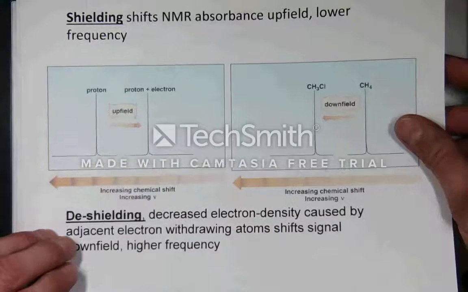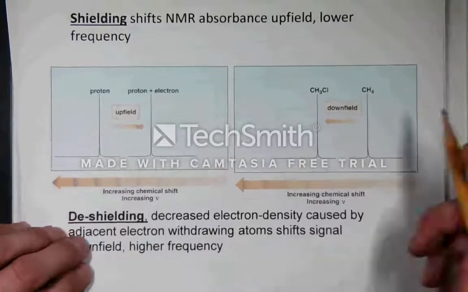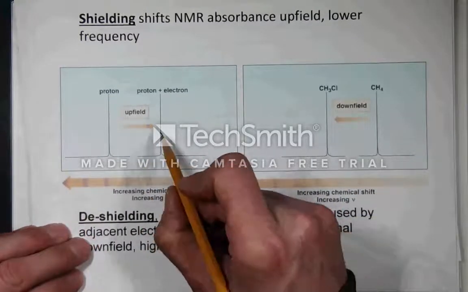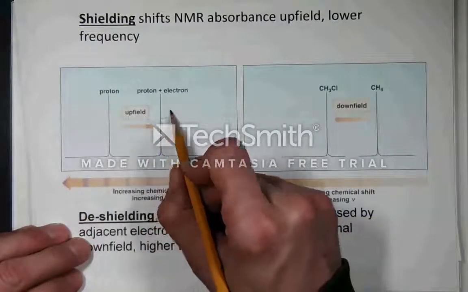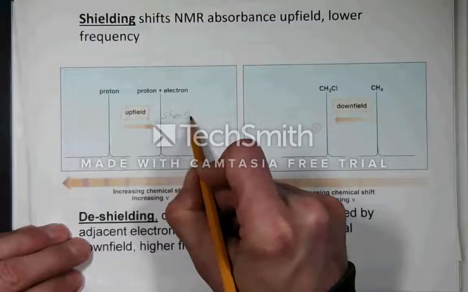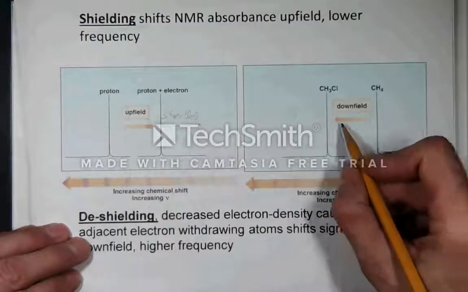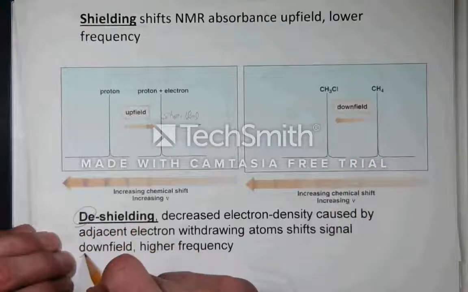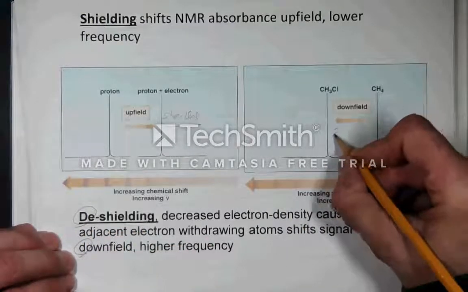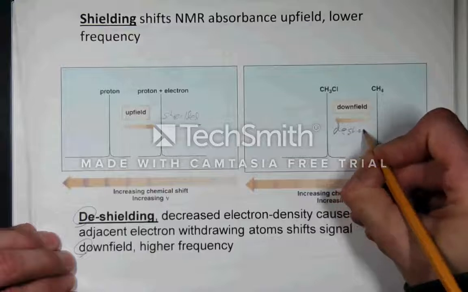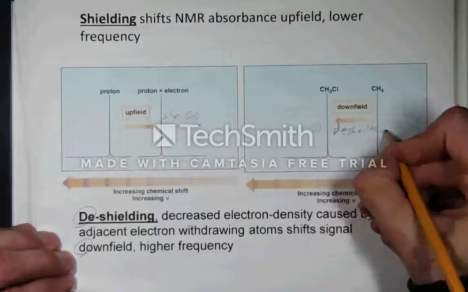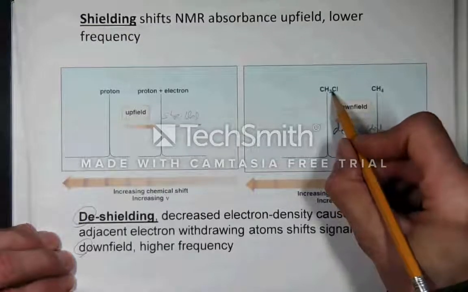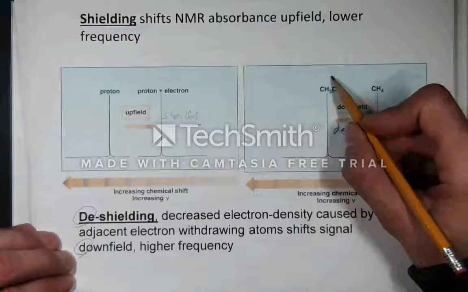So again, some vocabulary here. Upfield is shielded. Downfield is de-shielded. De-shielded, downfield. Right, de-shielded. And here you see the de-shielding effect of this electron withdrawing chlorine.